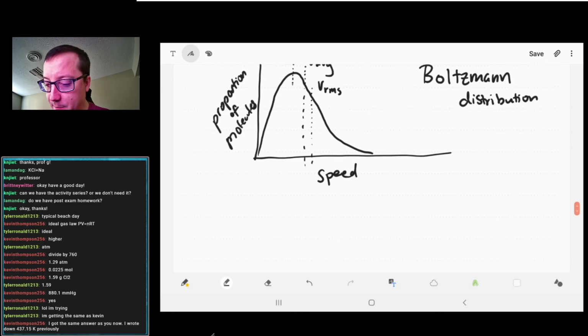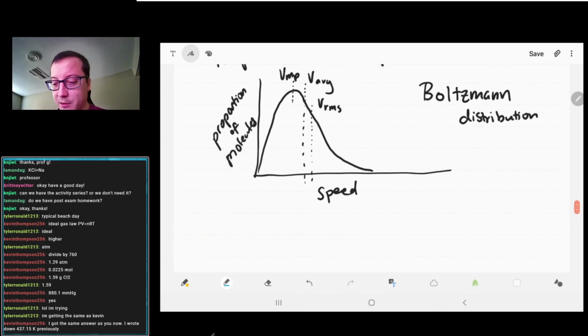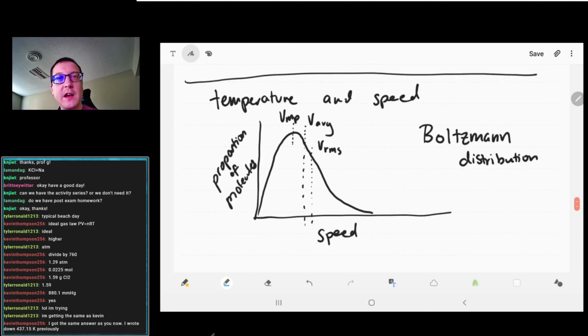So let's look at what happens when the temperature changes. We're going to do that in light blue. When we increase our temperature, we shift the graph over a little bit.